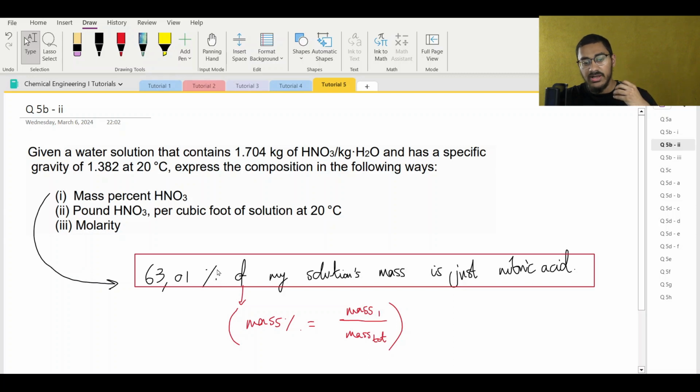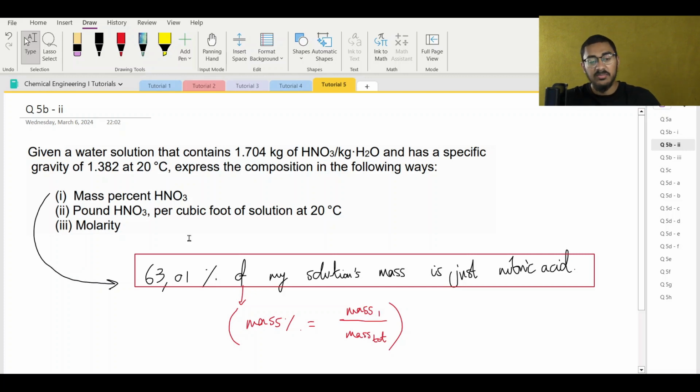If someone tells you that 63.01% is the mass percent, it means that if you take the solution, 63% of that solution's mass is going to be brought about by just the nitric acid. Remember that your mass percentage is how much nitric acid you have over the total solution's mass. So I can say 63% of the mass of the solution is contributed by the nitric acid in this liquid.